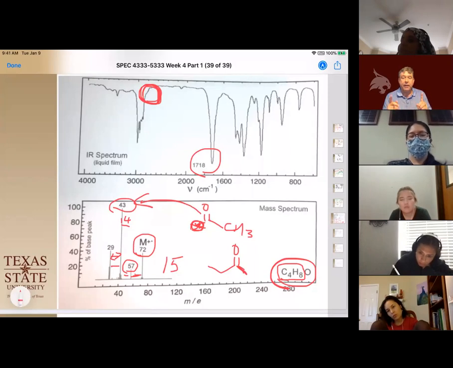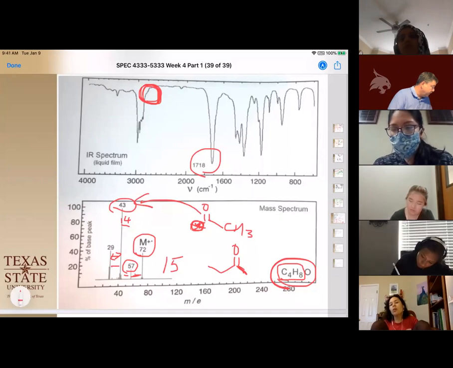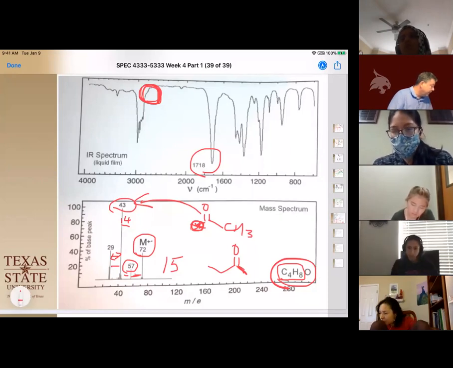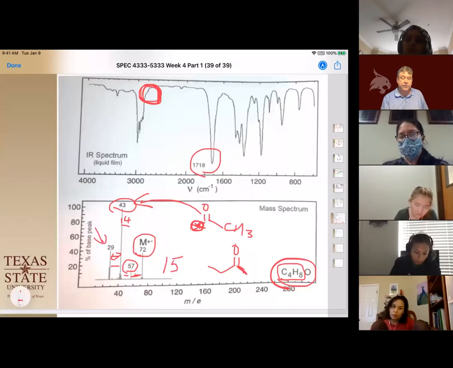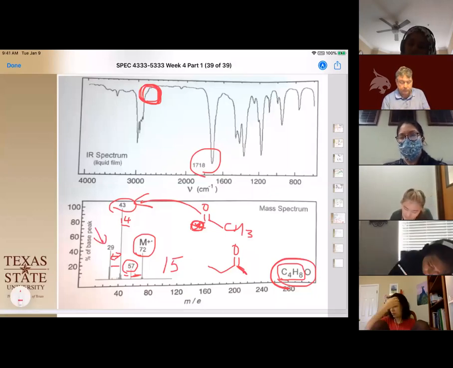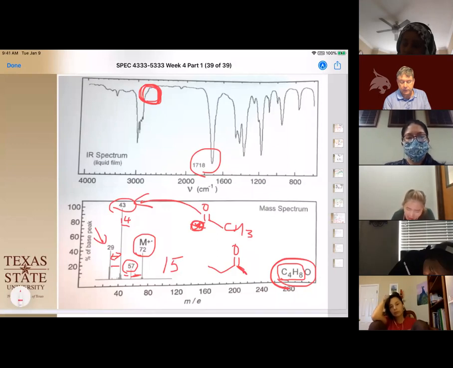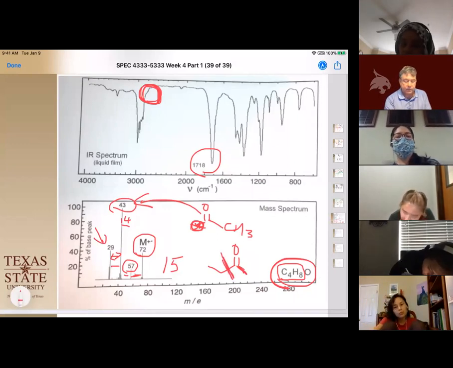Okay, but if that's true, we should see the C2H5 peak. And if we're looking for our C2H5 peak, ooh, that's 29. That's our C2H5 peak. So it looks like you can have these fragments form there. That'll give you these 2 fragments here.